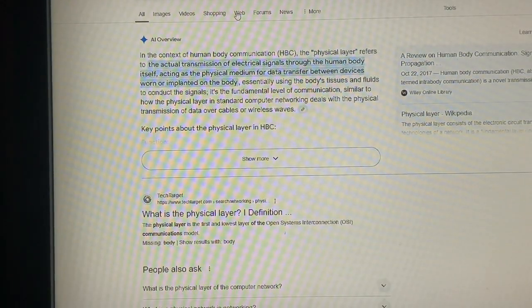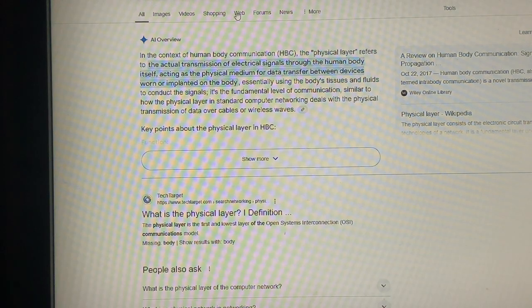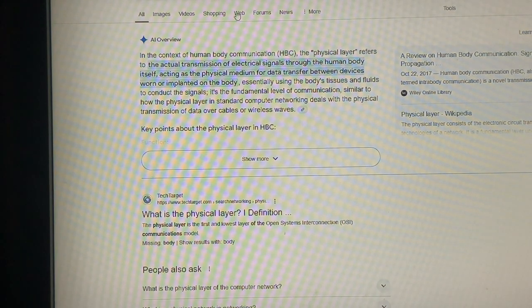In the context of human body communication, the physical layer refers to the actual transmission of electrical signals through the human body itself. The body itself acting as the physical medium for data transfer between devices worn or implanted on the body, essentially using the body's tissues and fluids to conduct the signals.